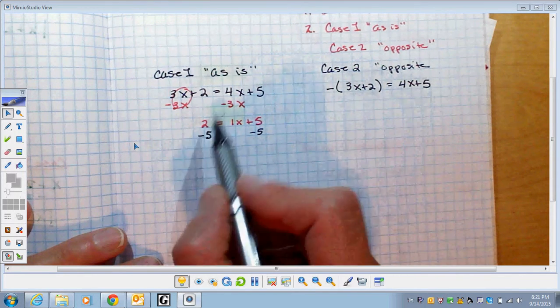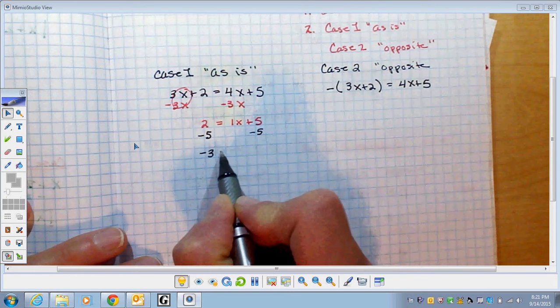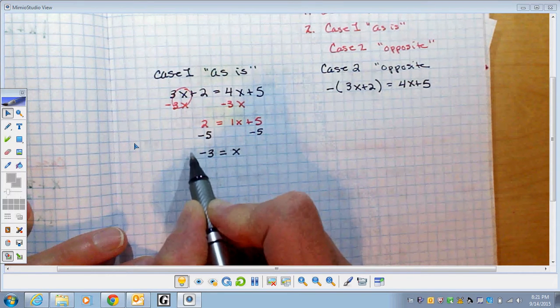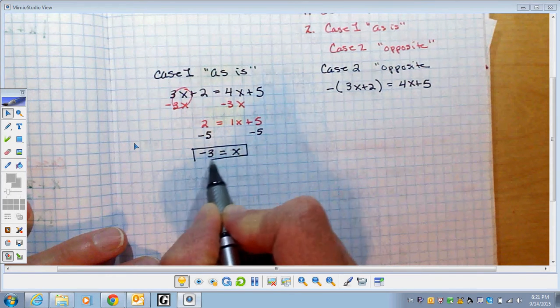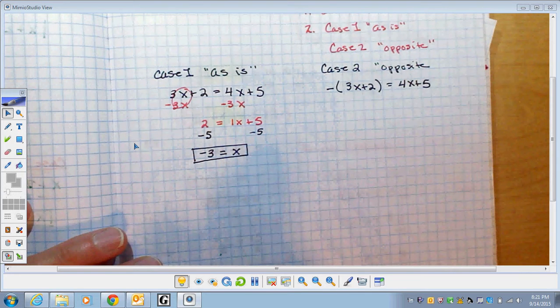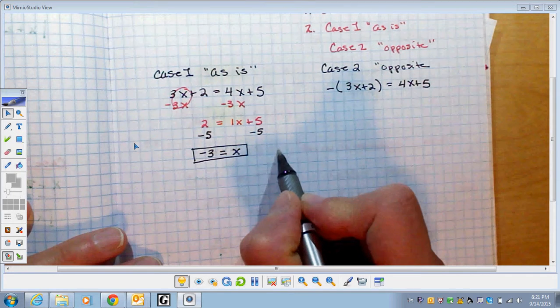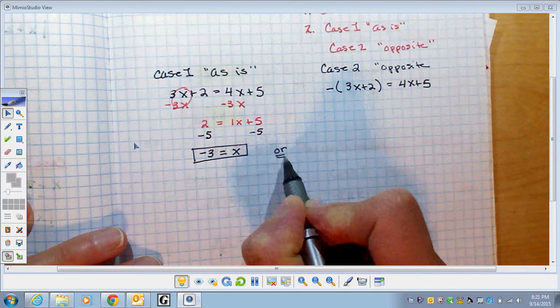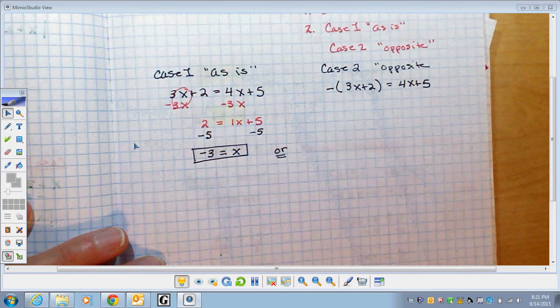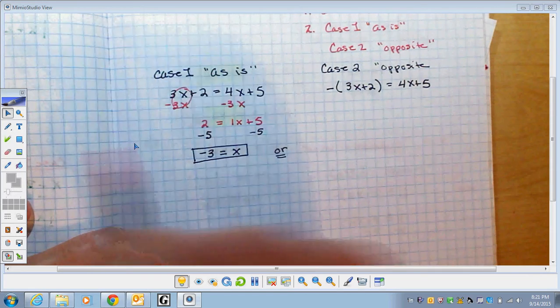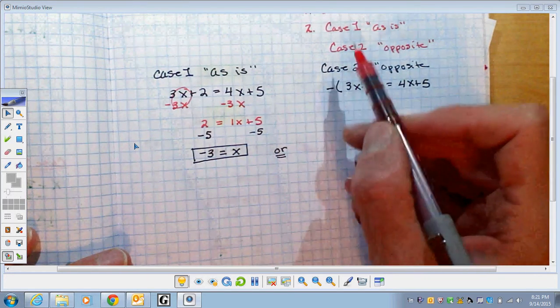So when I add that together, I have negative 3 is equal to x. So that's one possible answer. Okay? So remember, with equalities, they're always or situations. So I'm going to move over to case 2.